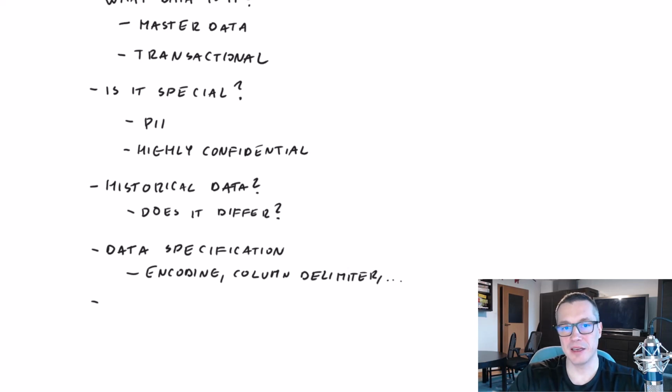Then, ideally, what you might ask up front, the data source, is to get some sample data. Like just some files, some extracts. Just for you to be able to look at this data and see, all right, so it contains this email address, which is a PII data, which might trigger some additional questions.